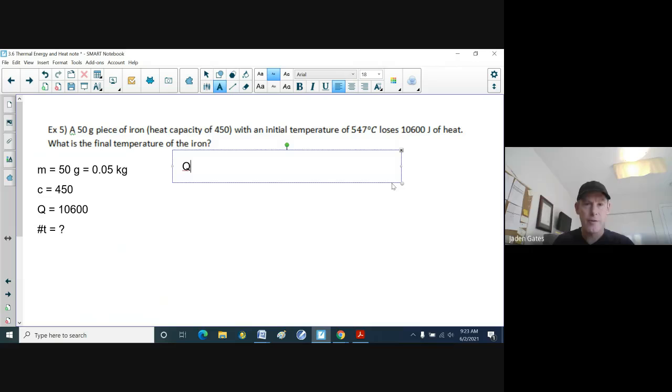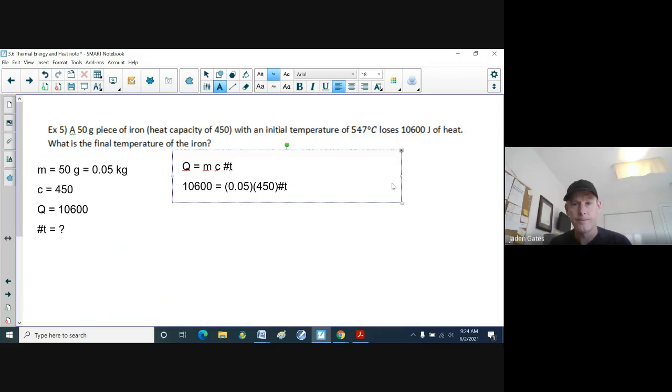So we have our formula again. Q is equal to M times C times delta T. We have 10,600 joules lost. Our mass here is 0.05. Specific heat capacity, we got that, that's 450. And we're going to find the change in temperature here.